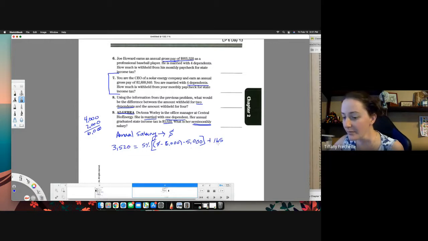All right, so let's go ahead and take a look at this. These parentheses here don't truly mean anything other than we were just grouping. This is her taxable income. So we can drop those away, and we can add some like terms here. So 3,520 equals 5% of her salary minus, 6,000 plus 5,000, that gets us 11,000, plus 165.